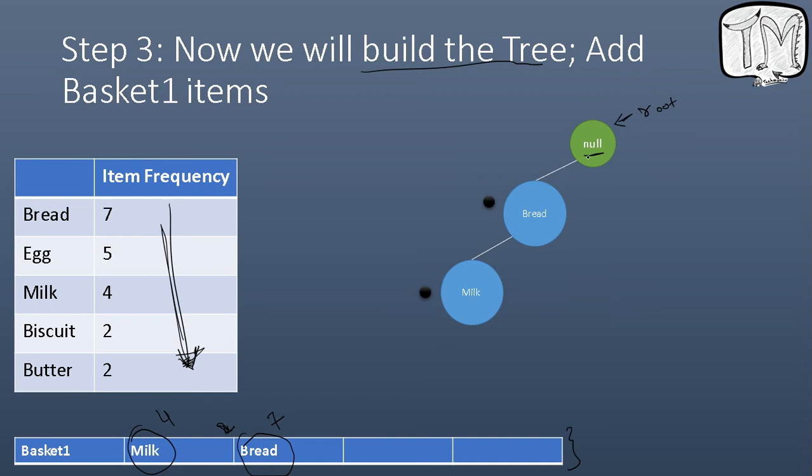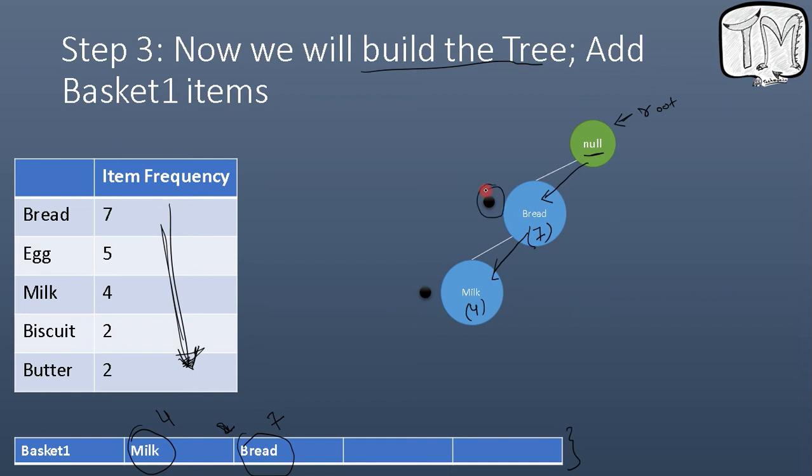Starting from the root, we put the items based on their frequency. So as you can see, first we put bread because it has a frequency of 7, then we continue down the path, and next we put the milk item, as it has a frequency of 4 in total.